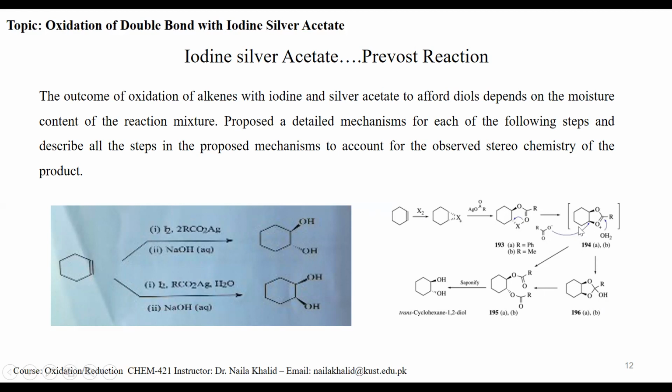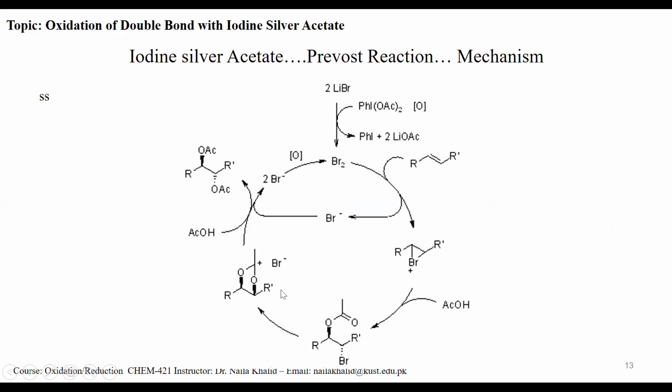If water is not there, in dry condition, then benzoate or acetate will attack from the back side, and here it is open, and you will see your product will be trans after hydrolysis. This is trans diol. Here is a summary. Cyclohexene in dry conditions gives you trans diol. In wet conditions, it gives you cis diol.